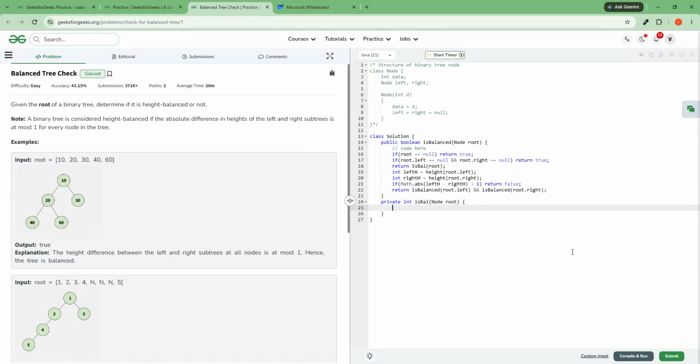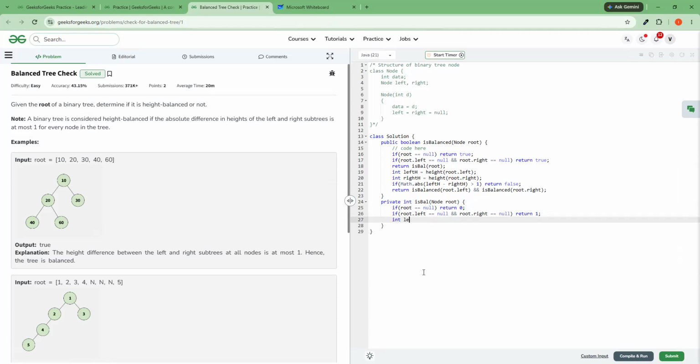And what we are going to do is check if root is null, then we return 0, because there is no height for that particular node. If root.left is null, a leaf node basically, then it will contribute 1. If you do not add this particular condition, it will also be fine, because this will help you in calculating that part.